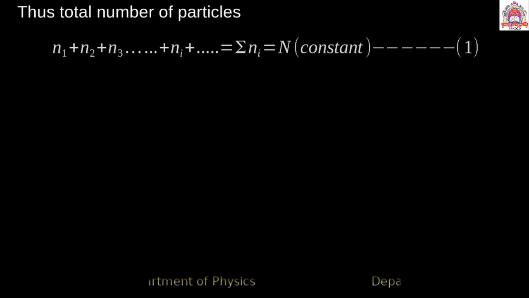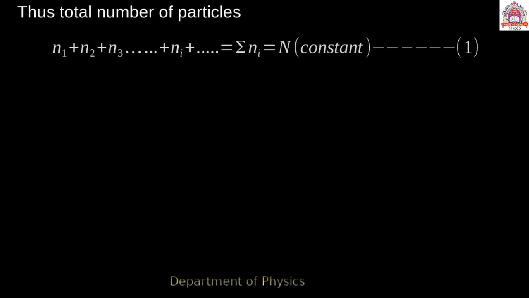So the equation set with the total number of particles is nothing but N1 plus N2 plus N3 up to Ni and so on, that equals summation Ni, and that is equal to N, which is constant for the system.